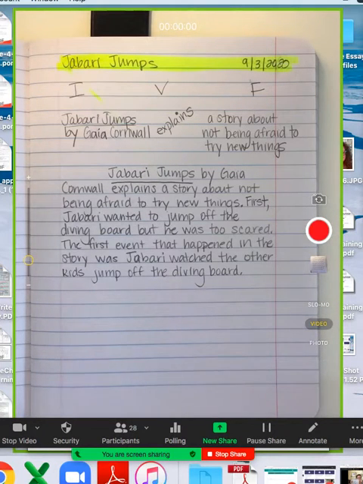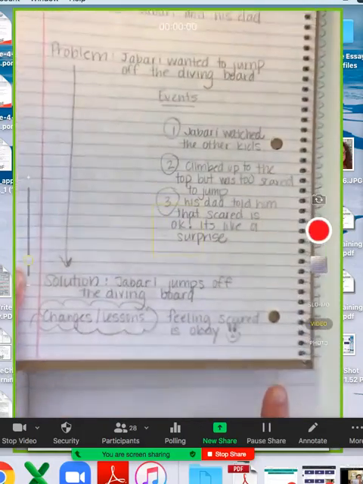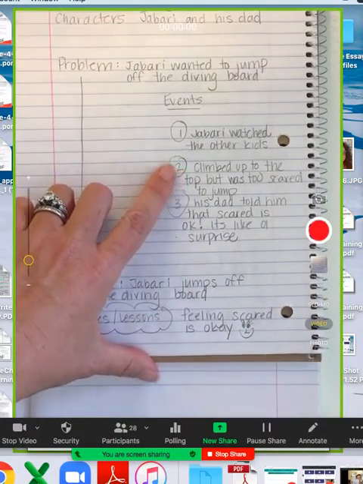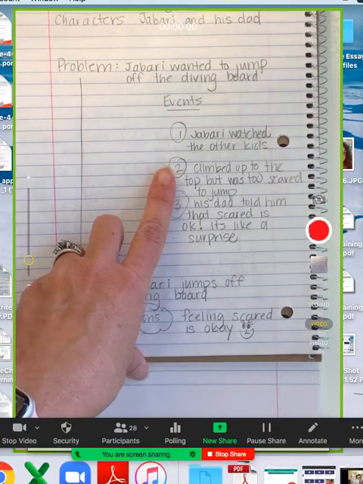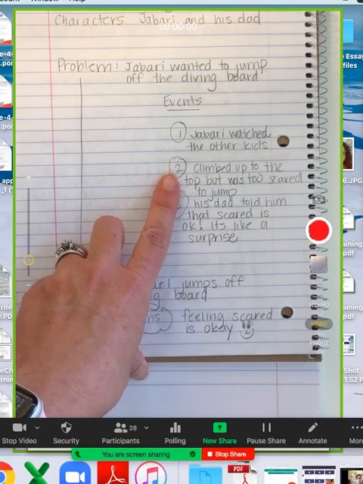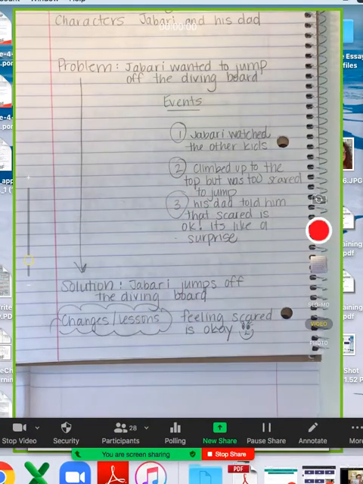He got too scared and he made an excuse that he forgot to do his stretches. Yeah, that's one of the details. Or we could put something like this, these are our notes from when we read the story. He climbed to the top but was too scared to jump. So then you could add, like Carolina said, oh yeah, and then he made that excuse about stretching, right?